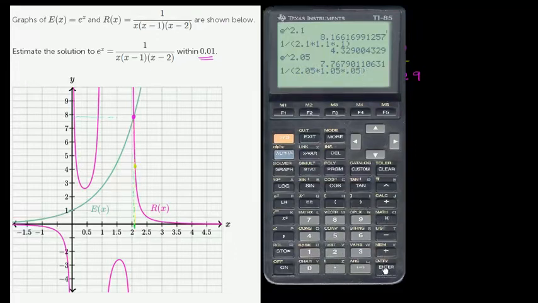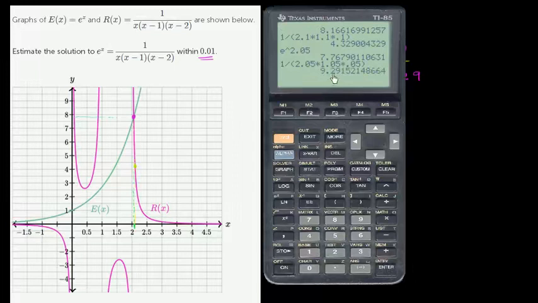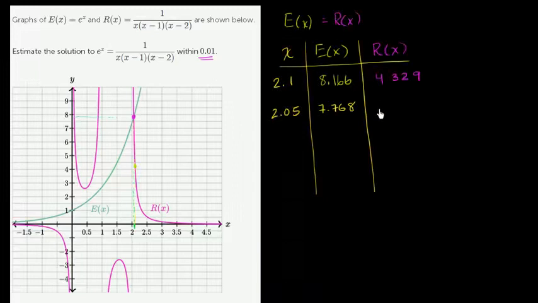And that gets us to 9.292. So now we're on this side where r of x is roughly right over here, and it's more than e of x, which is at 7.7, right around here. So now our x value is too low.